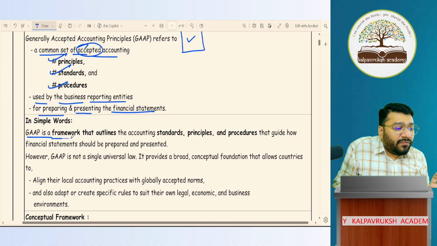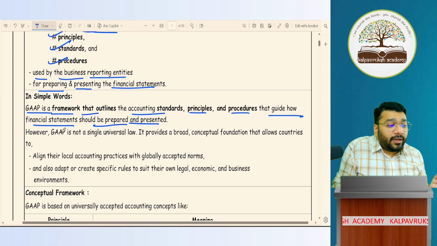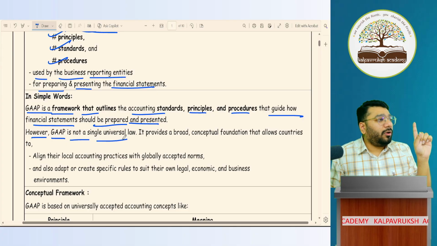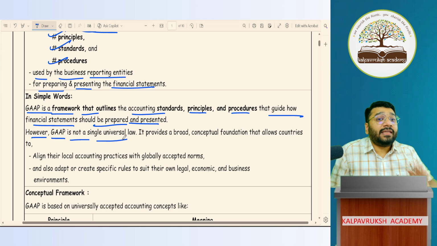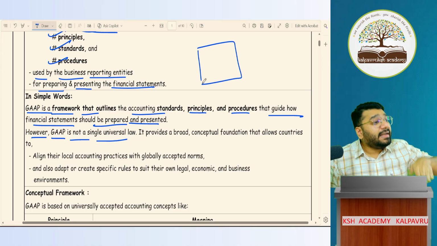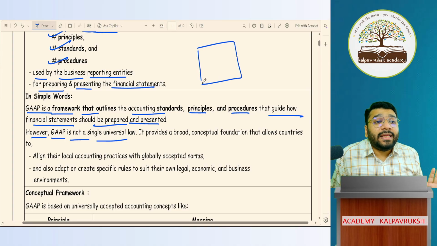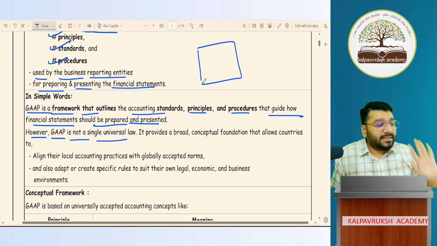So GAAP is a framework that outlines the accounting standards, principles and procedures that guide how the financial statement should be prepared and presented. However, GAAP is not a single universal law. They can't command, hey, do this, hey, do that. They have given a framework. They've given a boundary line, which gives you flexibility and freedom to prepare the accounting standard which will best suit your economic conditions, legal conditions, and business conditions.